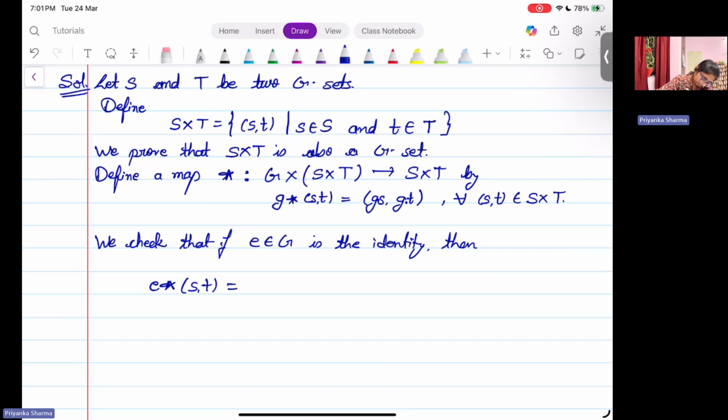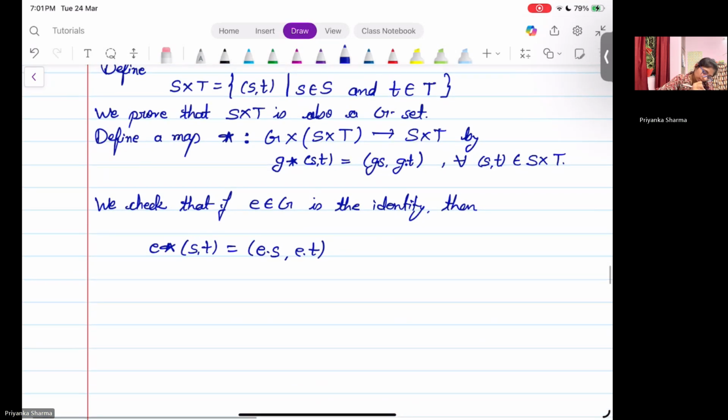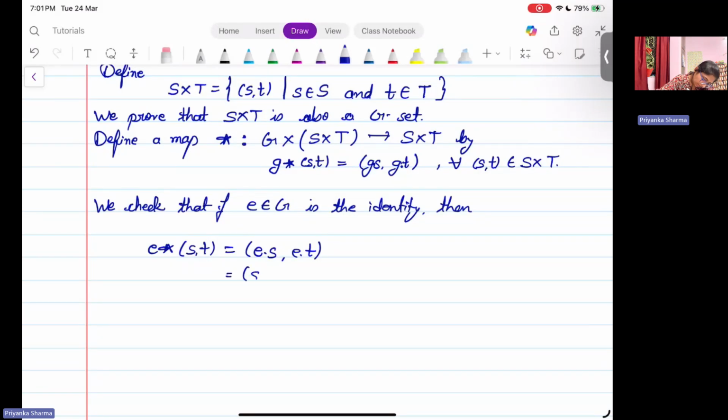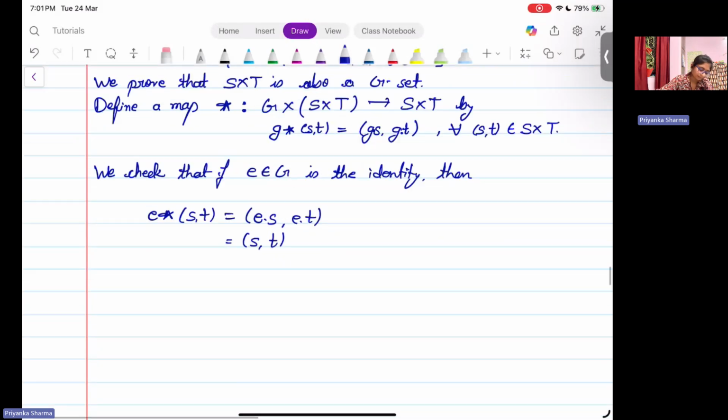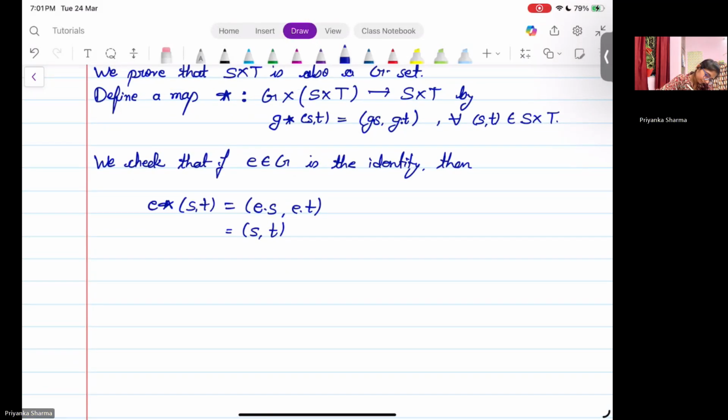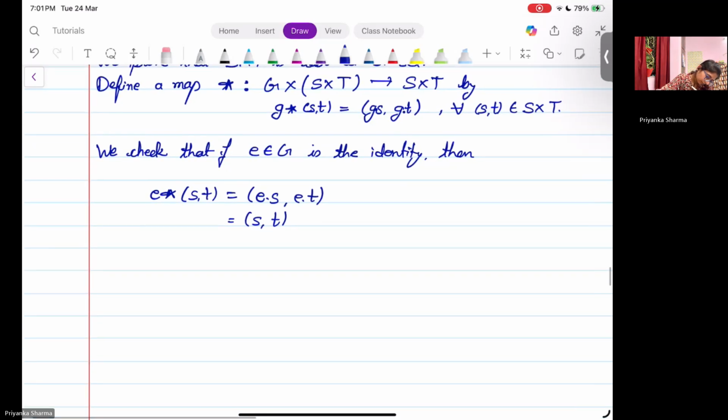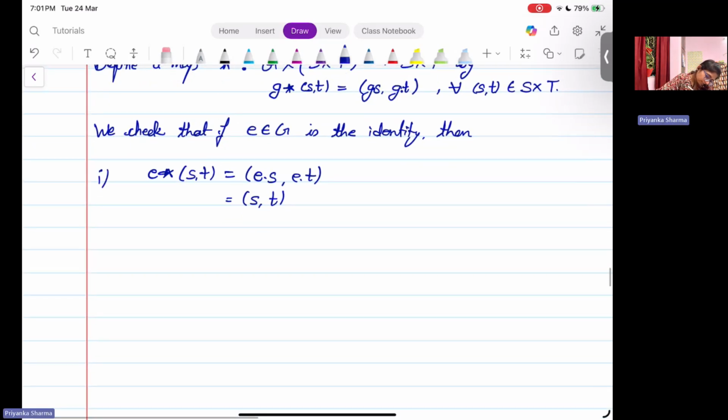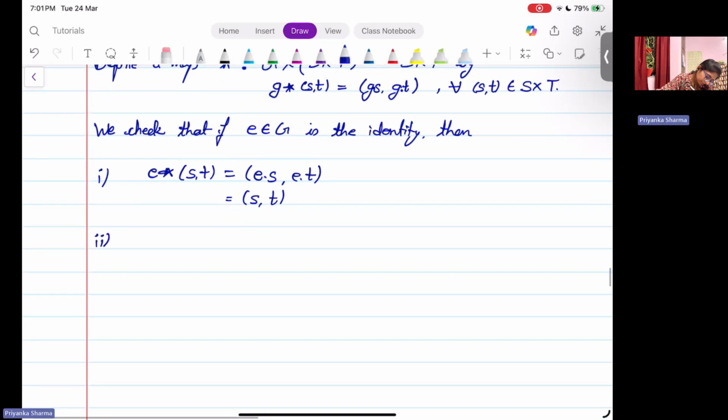That will be (e dot s, e dot t), and as S and T are G sets, this will be s and this will be t. So this is the first condition.